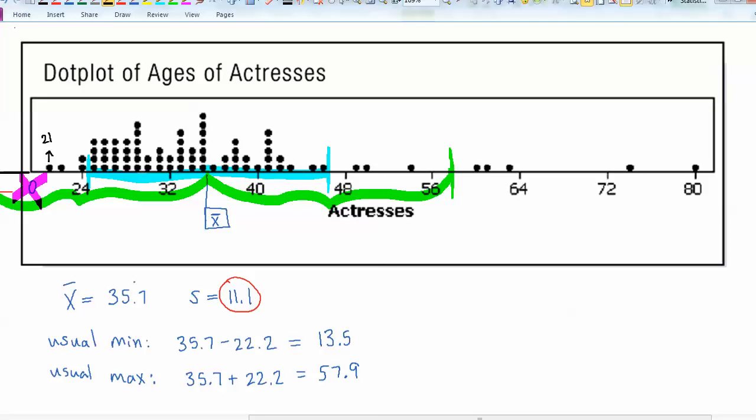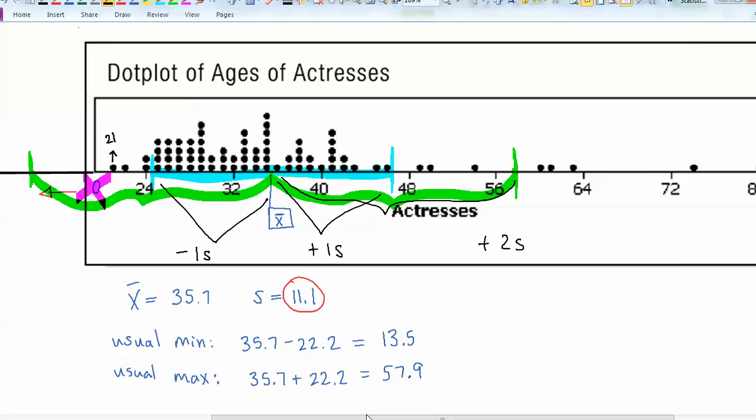So the 1 standard deviation would be right here, where we've added 11.1 to the mean and subtracted 11.1 from the mean. And then a 2 standard deviation would be right here, where we've added 2.